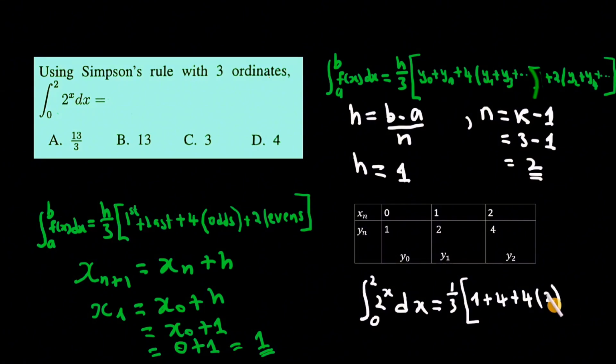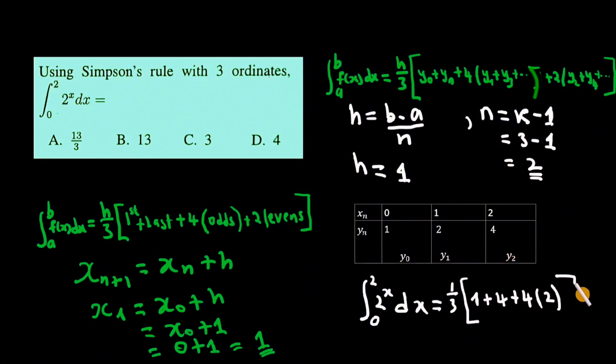Now normally the formula says I should add 2 into the sum of evens. The even y value here is y2. I cannot use it again because I've already used y2 as the last value. So here I'm using the value only one time. I've already used y2 in the place of the last value, so I cannot use it again.